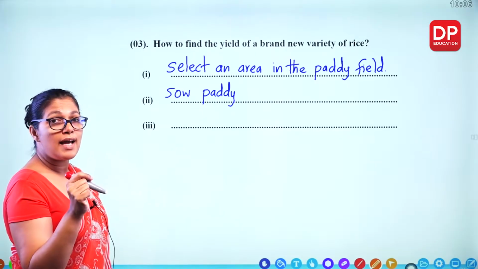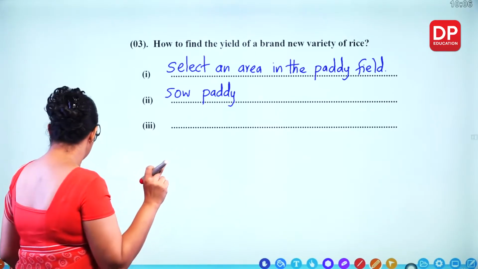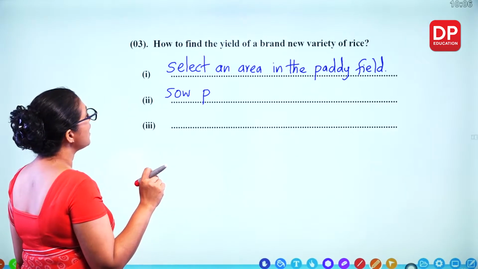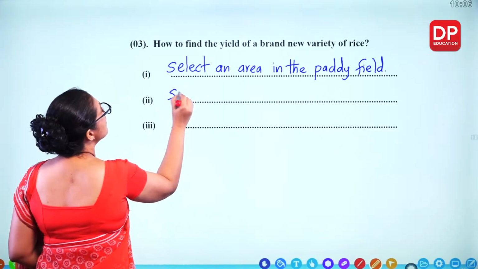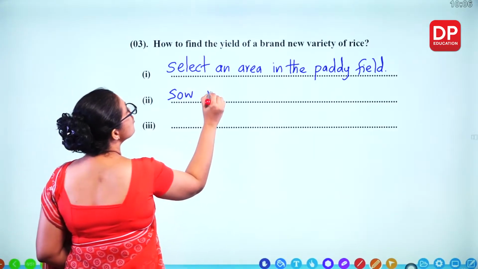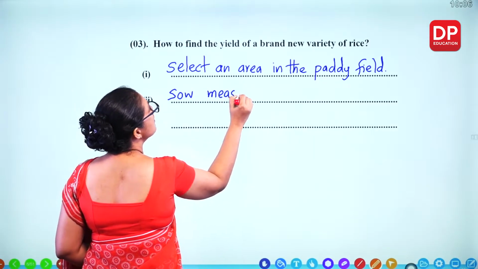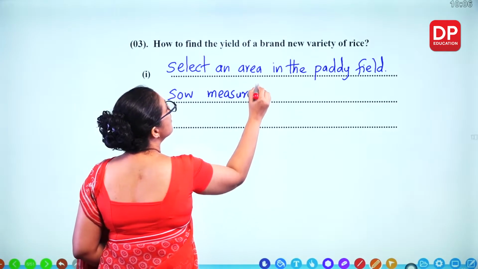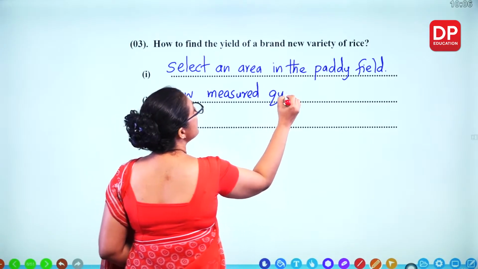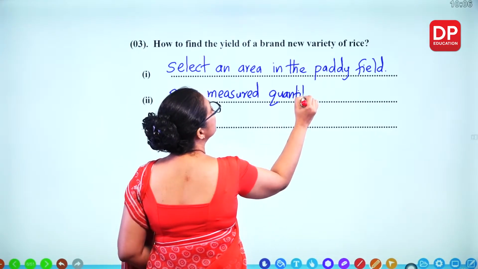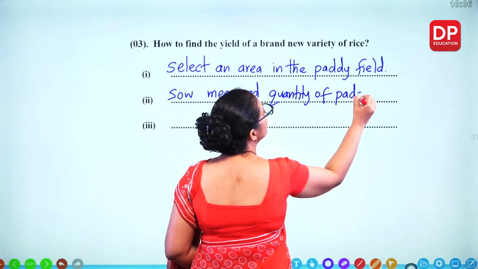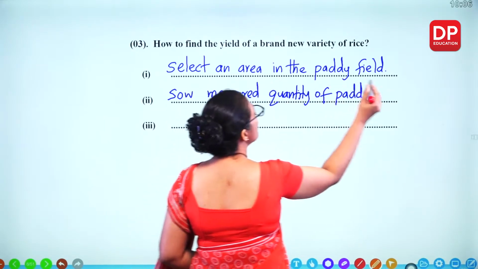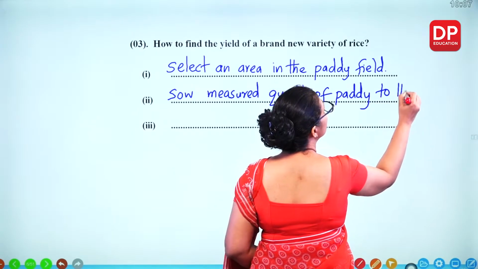Here, when you are doing that, you have to measure first. So you can write, measure the quantity of paddy for the selected area.